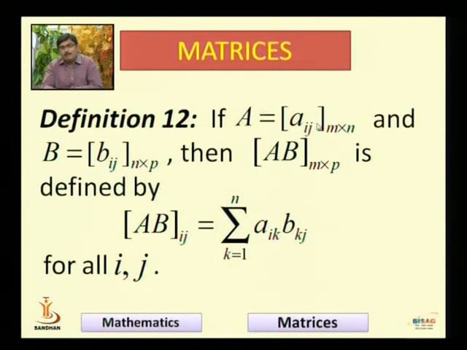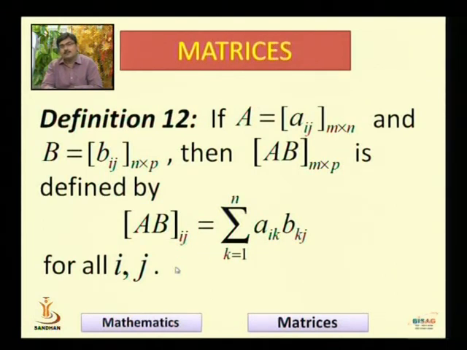That means the number of columns in matrix A should be equal to the number of rows in matrix B. That is the prime requirement. m and p can be any natural numbers, but this n and this n should match. If this is the case, then the product is defined to be an m by p matrix and its ijth entry is defined like this.